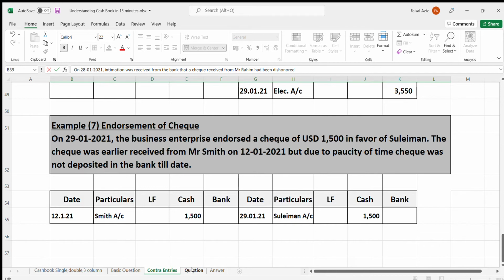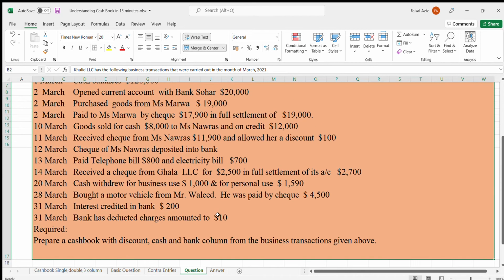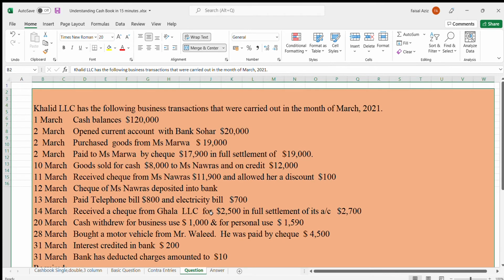Now let me move on to the question. Here I have mentioned some transactions. As you can see, in general we have a cash balance, we have opened a current account with Bank Sohar, we have purchased goods from Miss Marwa, paid Miss Marwa by check in full settlement, and then goods sold for cash to Miss Noras and on credit, and so forth.